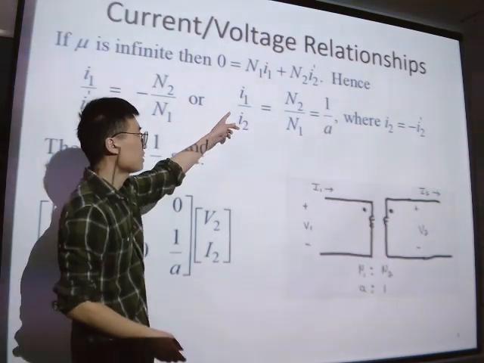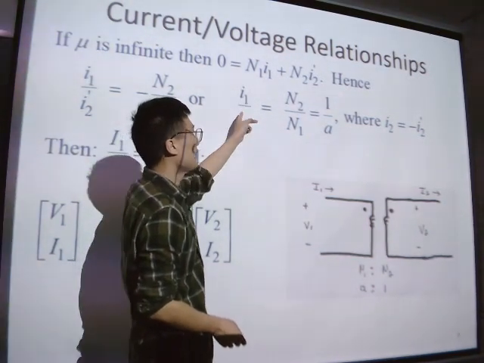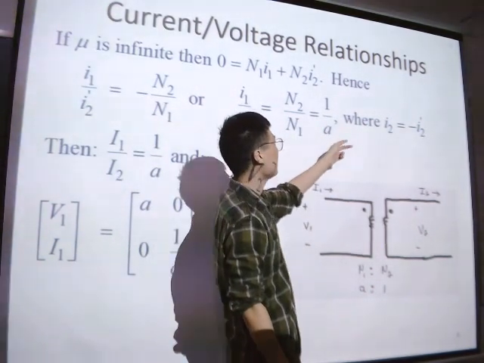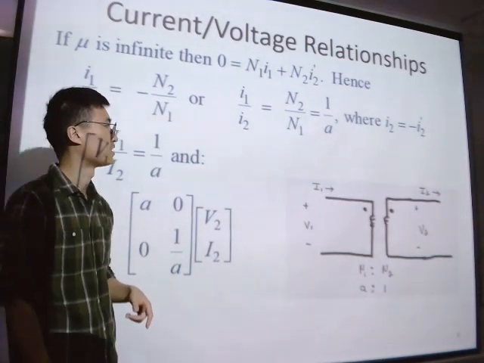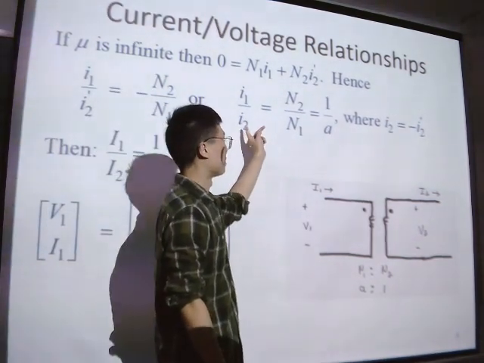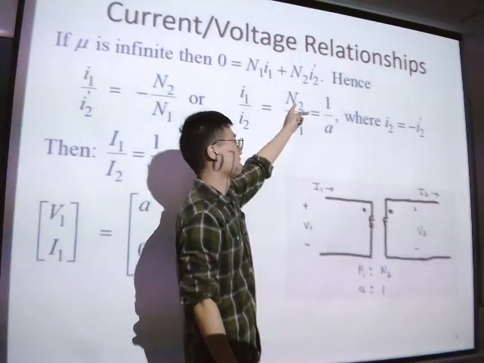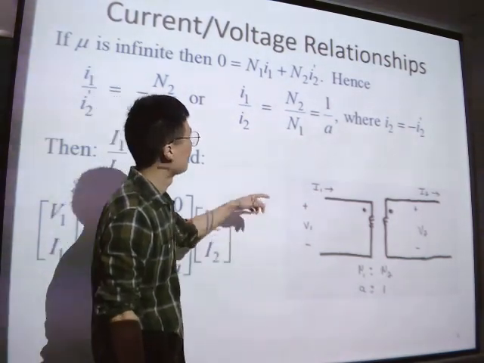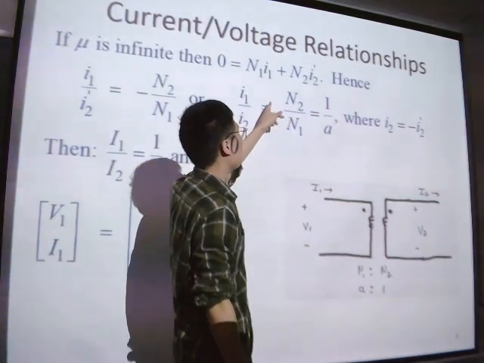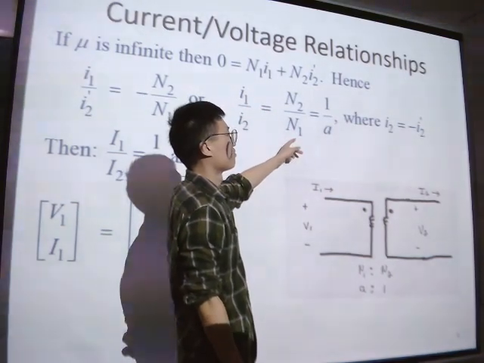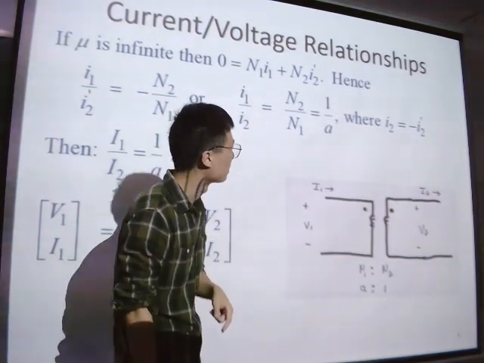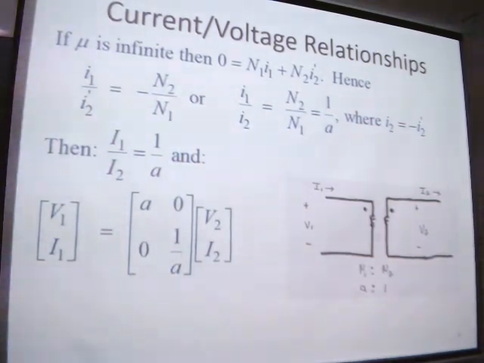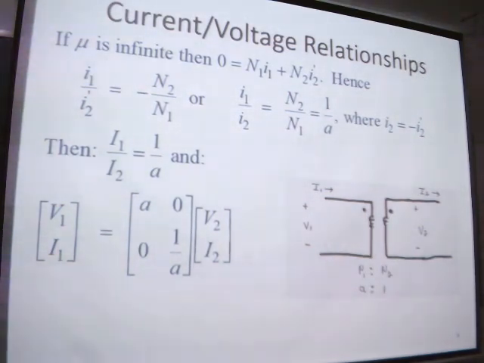So the current in the primary side divided by the current of the secondary side is 1 divided by a. a here is the ratio of the turns, okay? So the secondary side is related to the numerators here. However, the primary side is relevant to the denominators here, okay?